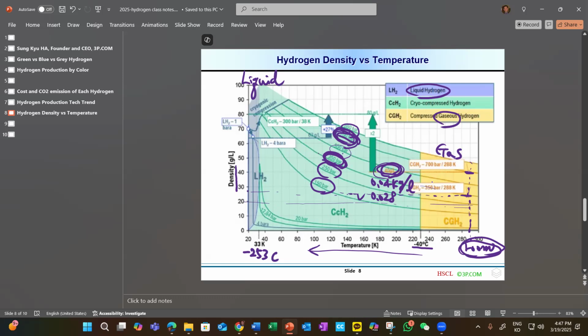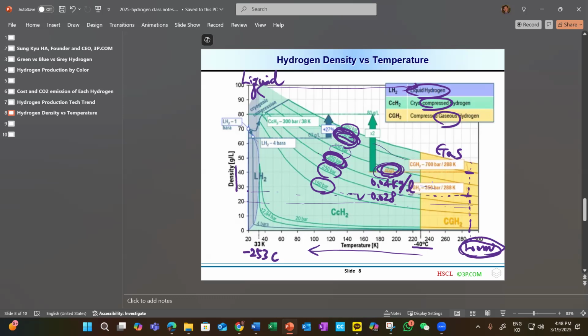So from here to these stages, it is mainly gas, but extremely compressed, and then cold. So it's important to understand this trend goes up.